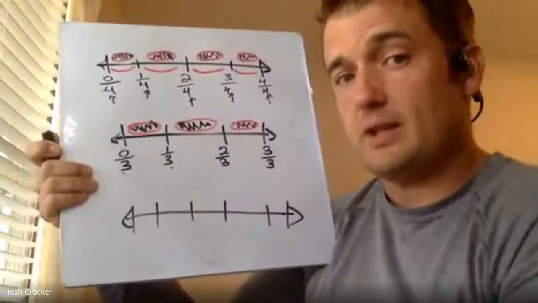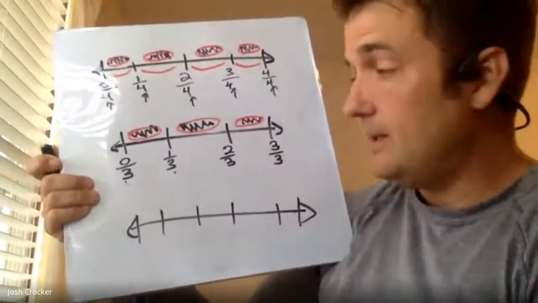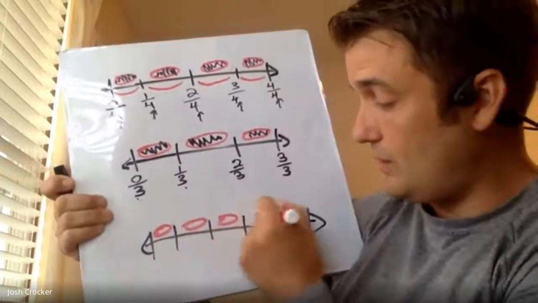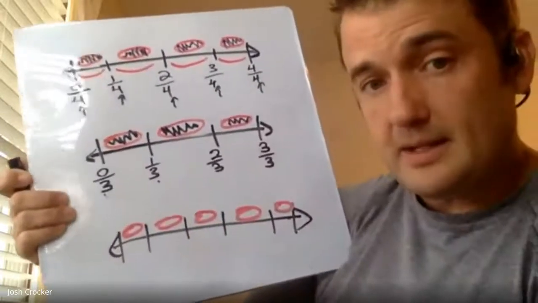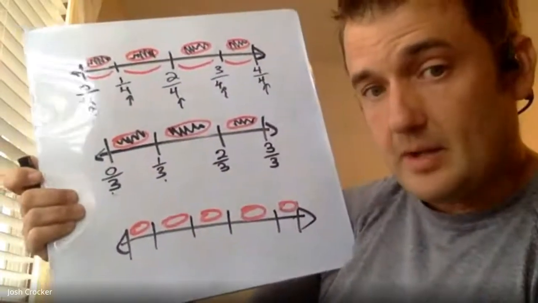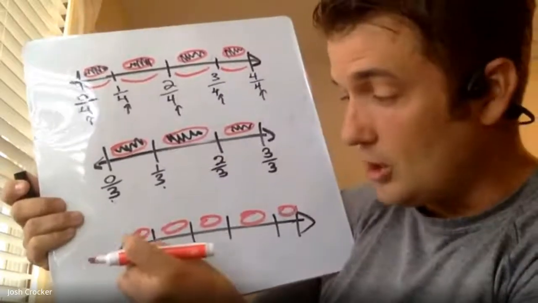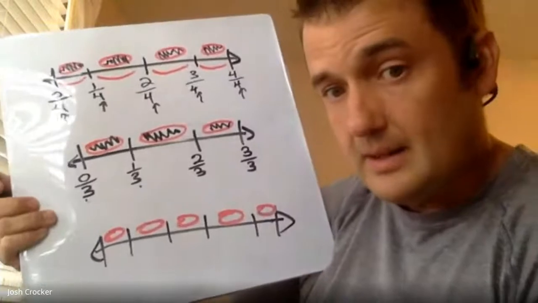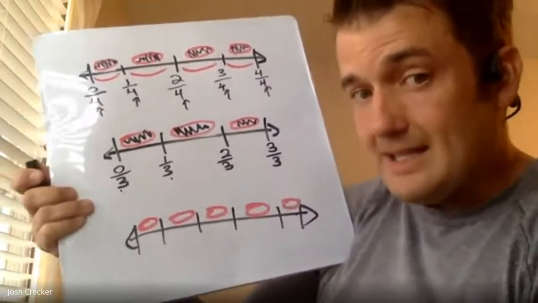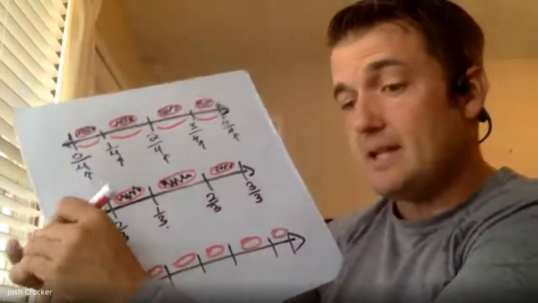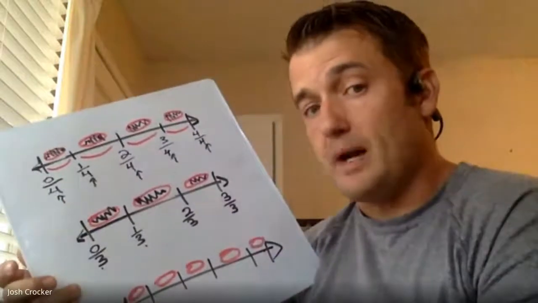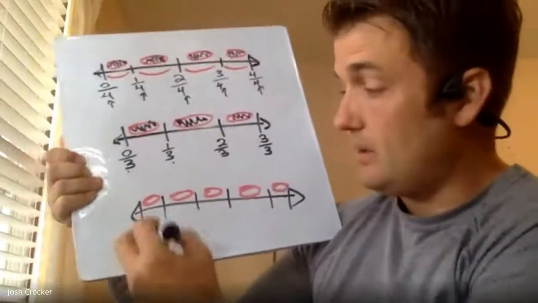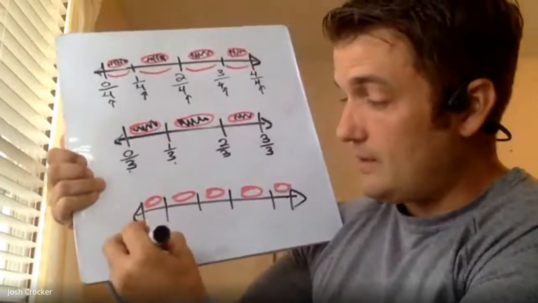Okay, let's look at another one. The first thing you need to figure out is how many pieces. So it's broken into 1, 2, 3, 4, 5 pieces. That's how many chunks of line are between the lines. So 5 pieces, and that tells me what my bottom number, my denominator, will be. So I'm working with fifths.